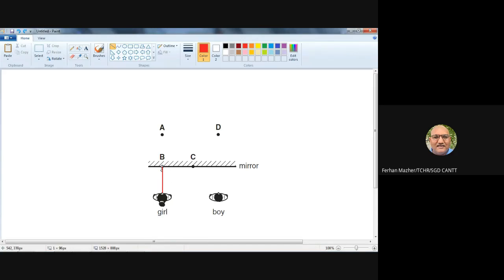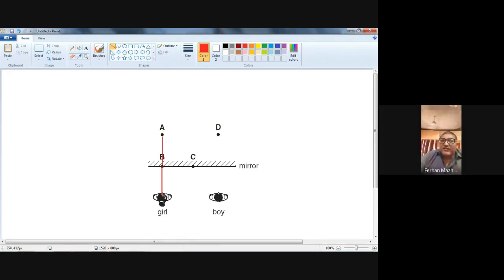I will measure how much this distance is. Try to understand what I've done.